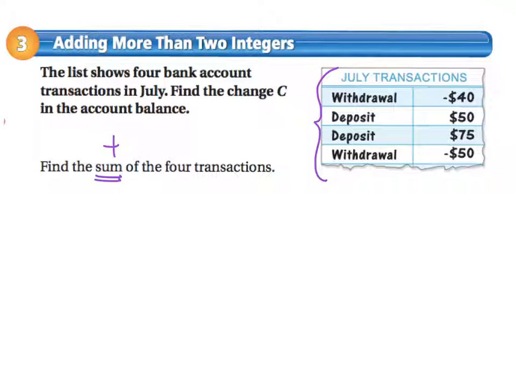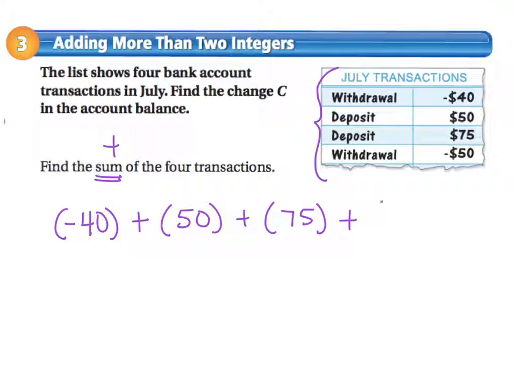So I'm going to take all 4 transactions and write them as a number sentence using addition. My withdrawal was negative 40 because I took money out, plus a deposit, which is putting money in, of 50, plus another deposit of 75, plus a final withdrawal of negative 50.